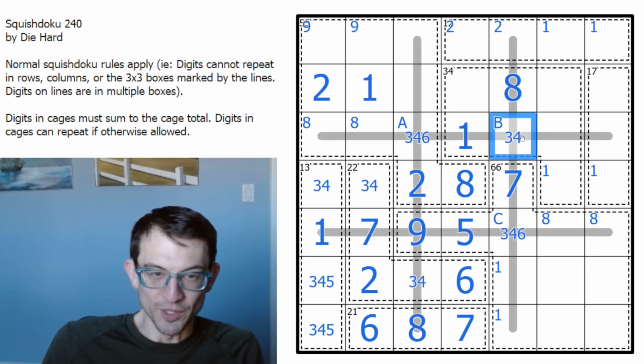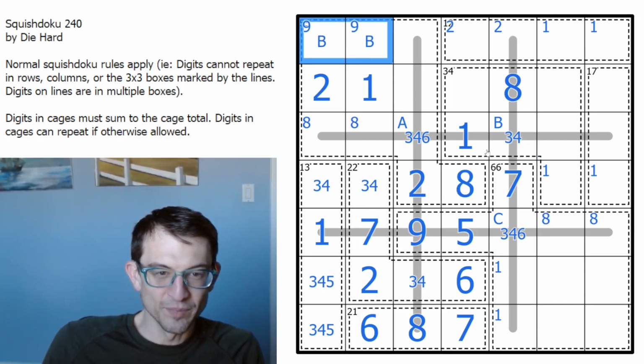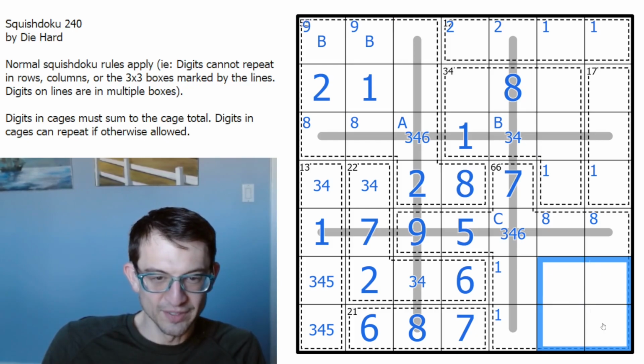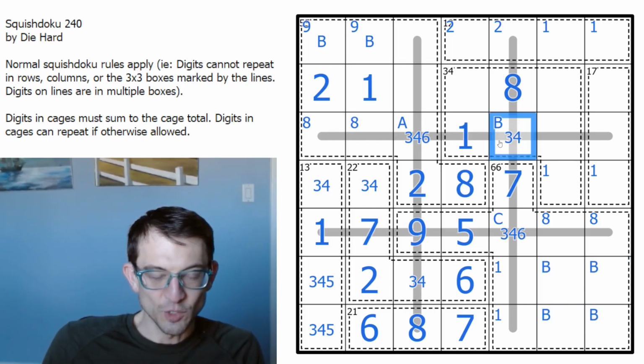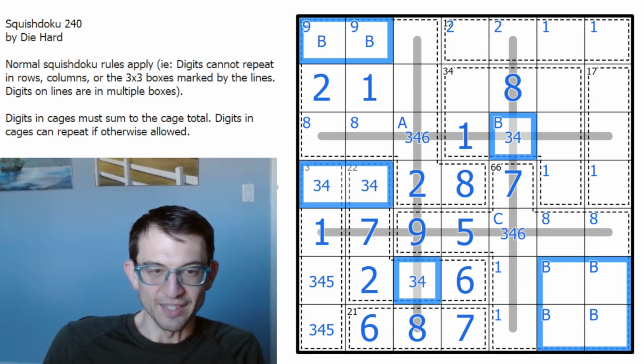Where does B go in the rest of the puzzle? B is going to go up here. So this is actually 9 and B in some order. B is also going to go in here somewhere, right? And so my 5 Bs are here, here, here, here, right? And here.